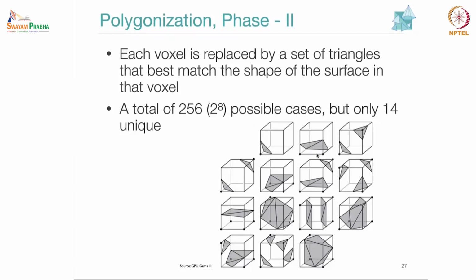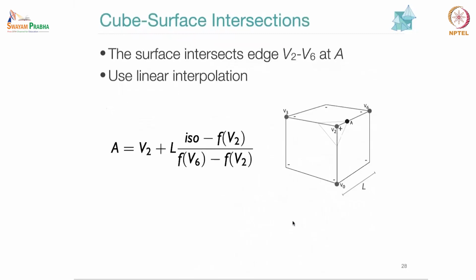The second case, for example, which has two negative values and the rest positive, will have a surface that cuts the edge of the cube. If you have two opposite corners that are negative, this could be one configuration, and so on and so forth. So depending on different configurations, you have different sets of triangles, right? Is this clear? The set of configurations. So 14 unique configurations, right? And that's it.